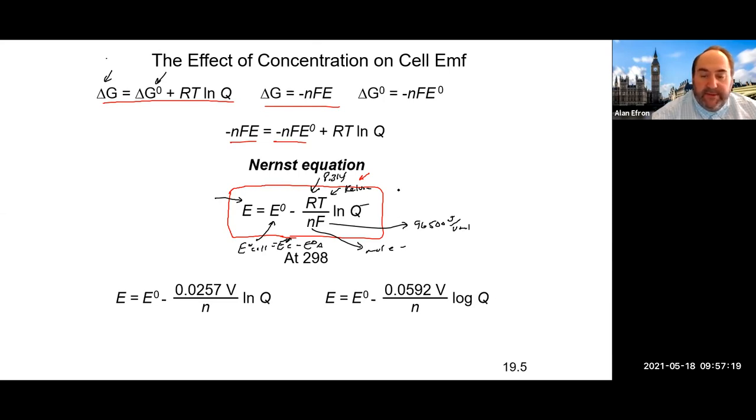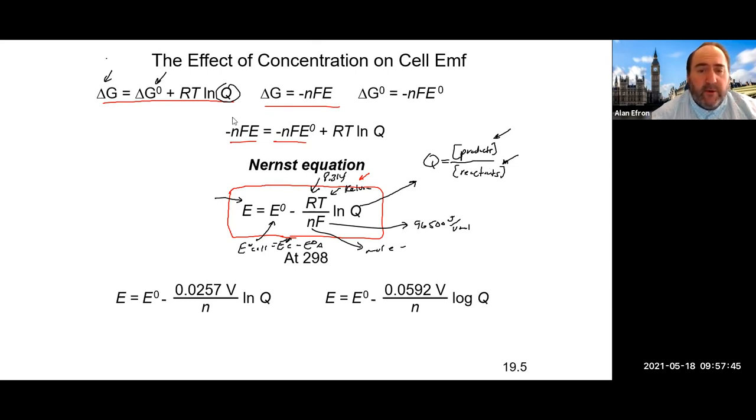And Q is the same Q that we've seen previously in a number of chapters. Q is our reaction quotient, which is our products divided by our reactants. Again, it is calculated just like K, and make sure that if you have any exponents or coefficients, you put those in as well.